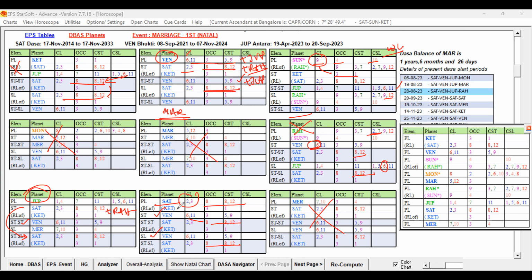So this Venus Saturn combination, if you study, Venus is comparatively better than Saturn because the sublord is also Mars. So that way, if you see, which is comparatively better: Jupiter, Venus, and Saturn, right?